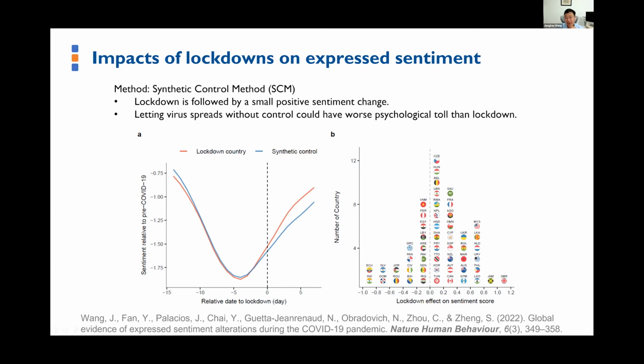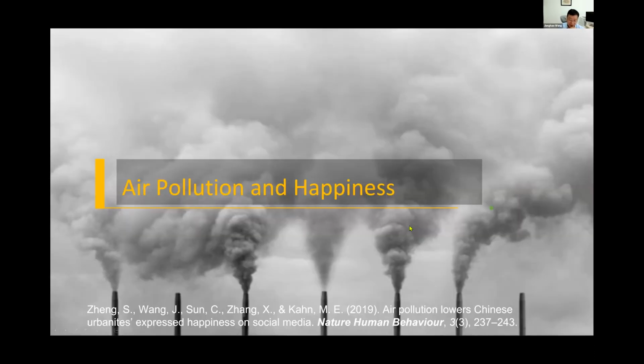So we can see the citizens of developed and developing countries have totally different responses to the lockdown policies. That's also our main finding here. Next, I will talk about another example about air pollution and happiness.